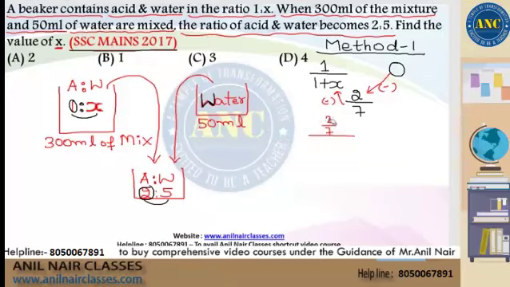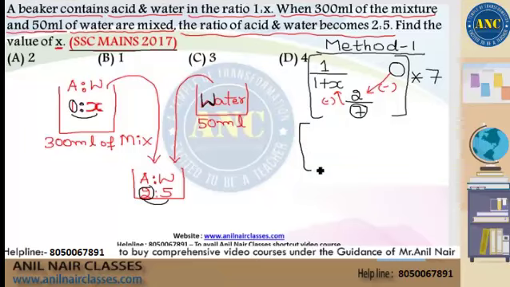Even if I want to simplify the fraction in this example, I might not be able to simplify the entire thing, but let me simplify as much as possible. I have denominator 7, I have denominator 1 plus x, so multiply by 7 into 1 plus x, or at least to some extent multiply by 7. If I multiply by 7, 1 divided by 1 plus x into 7 is 7 divided by 1 plus x.